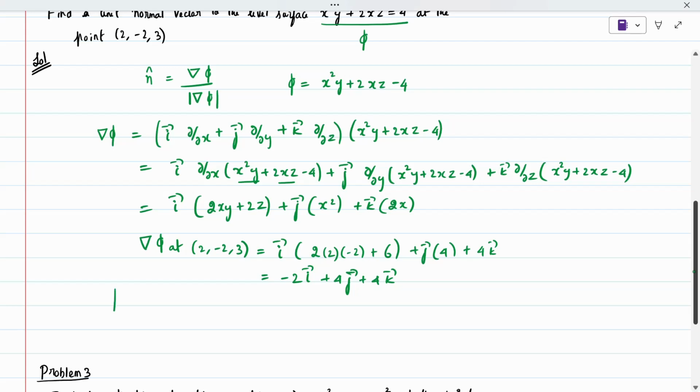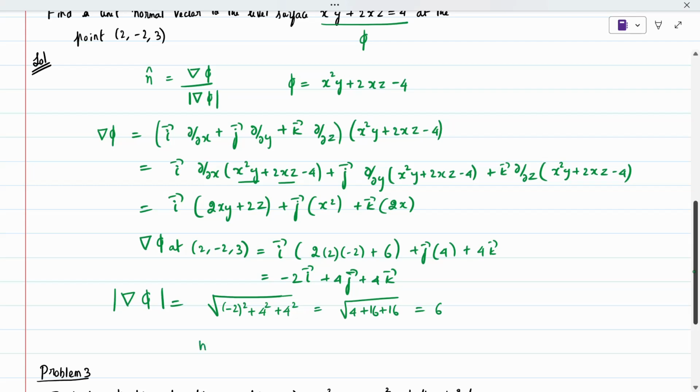I have to find the magnitude of del phi. How to write it: the corresponding coefficient of i vector whole square, so minus 2 the whole square, plus j vector coefficient 4 squared, plus k vector coefficient 4 squared. So square it: 4 plus 16 plus 16 is 36, root 36 is 6.